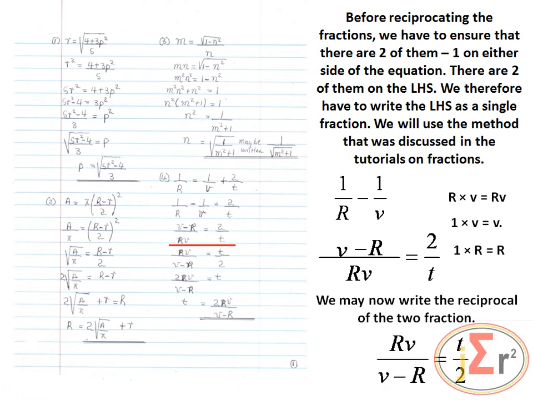So after having only 2 fractions, 1 on either side, then we may go straight ahead and do the reciprocal of both of them. That will still be equal. But not before we have converted the 2 fractions on the left hand side into 1. So we would have to do that first before we can reciprocate.